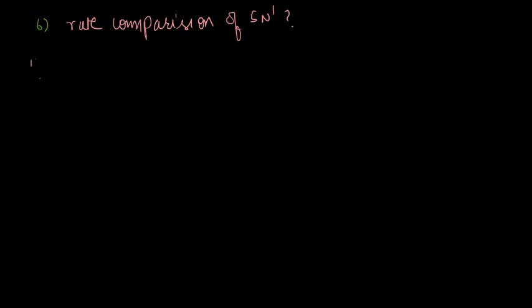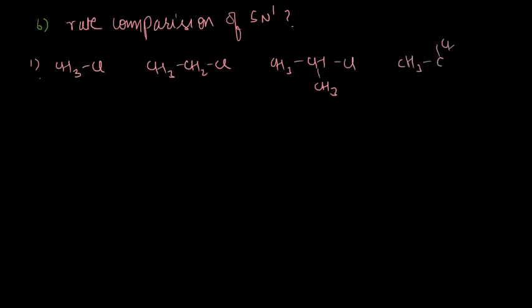First we have CH3Cl, then CH3CH2Cl, then (CH3)2CHCl, and (CH3)3CCl. Here we have already seen that the rate is directly proportional to the stability of the carbocation. So it is the 3 degree carbocation, then 2 degree, then 1 degree, and then the methyl carbocation.